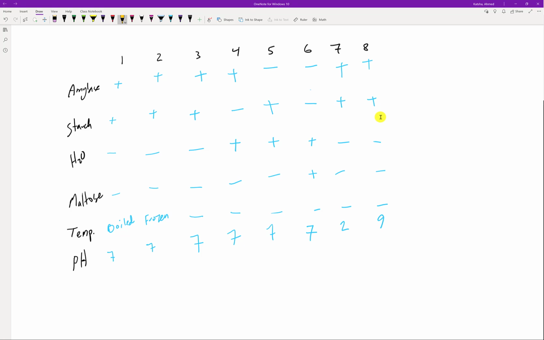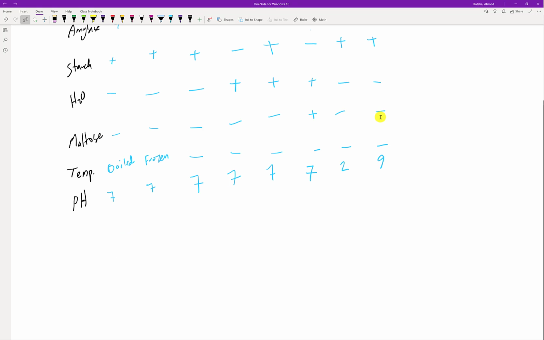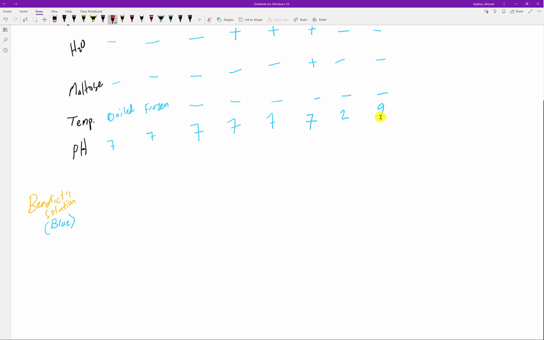Now let's go through what expectations you would have. We will have the Benedict's solution, whose original color is blue, and we are going to check with the IKI, whose original color is red. Remember, Benedict's solution is going to tell us about the presence of glucose or a simple sugar, whereas the IKI will tell us about the presence of starch.